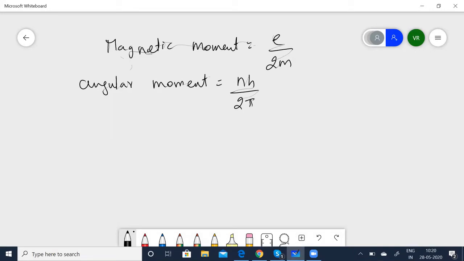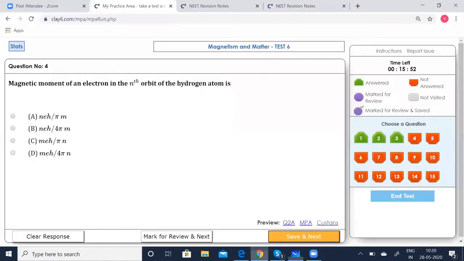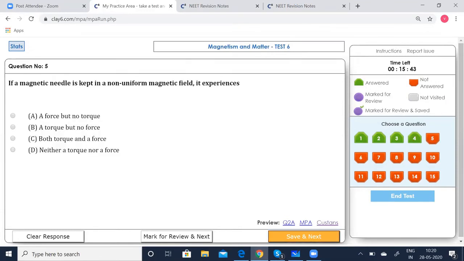When you multiply both, you get neh by 4 pi m. So option B is correct. Save that, go to the next.